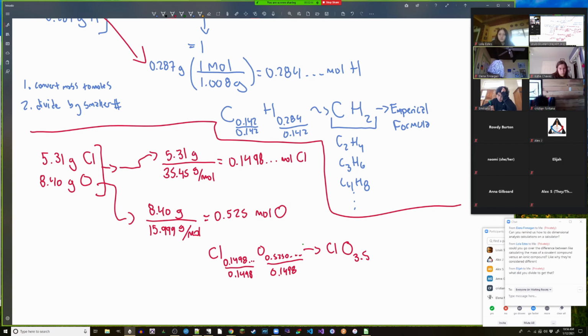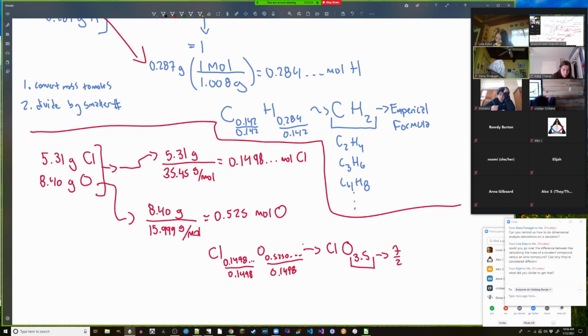So the next step I want to take in order to get these into an actual nice whole number formula is to convert this number. If I still have a decimal, I'm going to convert it into a fraction. So 3.5 converts pretty nicely into 7 halves, right?